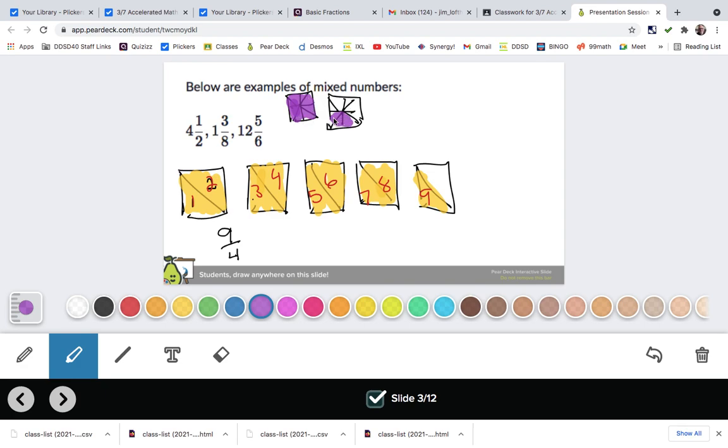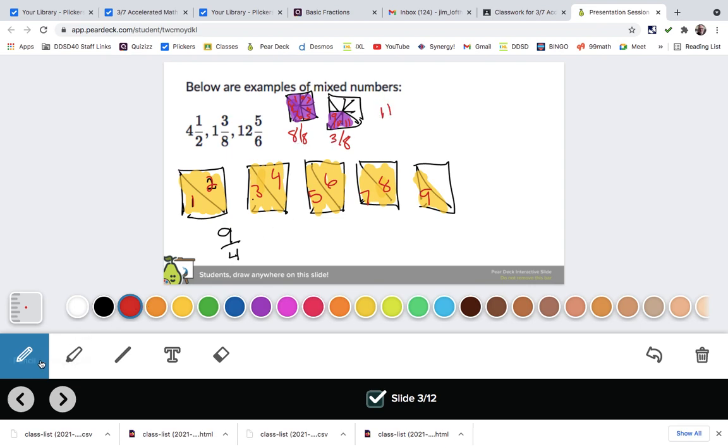We'll do those 3 right there. So we were talking about in class, I wonder if there's a shortcut to doing this. 1, 2, 3, 4, 5, 6, 7, 8. There's 8 out of 8. 9, 10, 11. So 3 out of 8, so that we end up with 8 plus 3, that is 11/8.